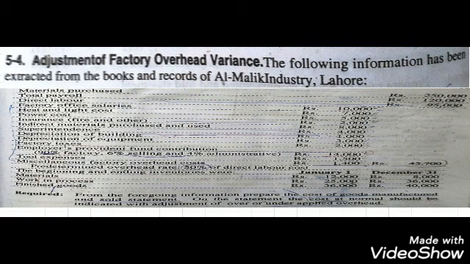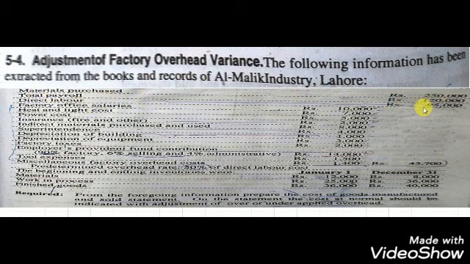Adjustment of factory overhead variance. The following information has been extracted from the books and records of Al Malak Industry, Lahore. Materials purchased is the amount of 2,50,000 rupees.